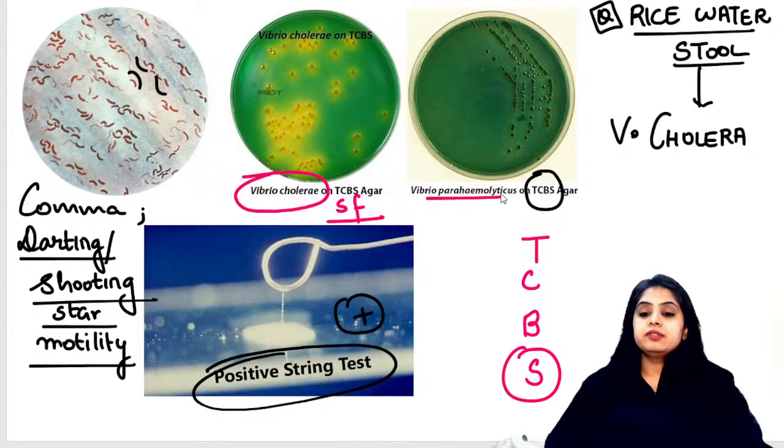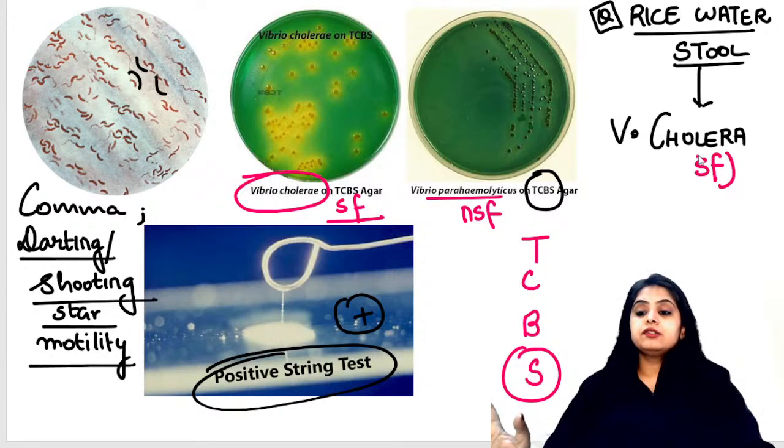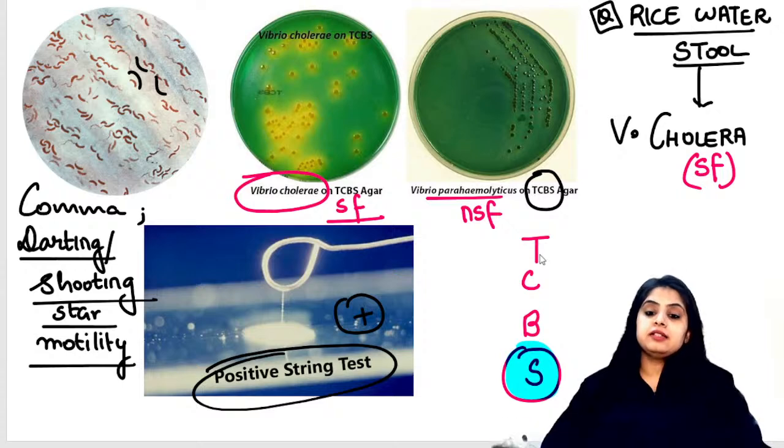All the other Vibrios, like Vibrio parahaemolyticus or any other Vibrio written, are non-sucrose fermenters. So Vibrio cholerae is a sucrose fermenter. If I want to test sucrose fermenter, which culture media have I used? I have used TCBS. That is, TCBS tells me S for sucrose fermentation is happening. That is all the pictures that you have to know for Vibrio. Quick repeat.